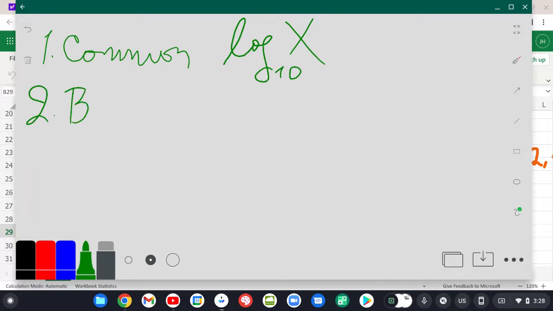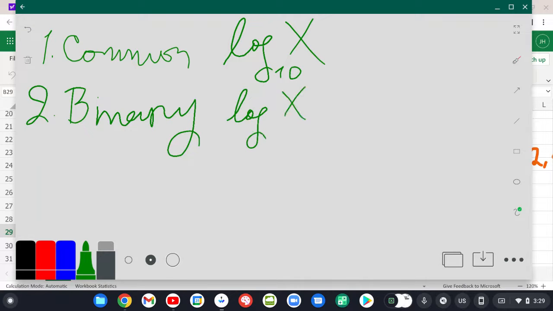The second one is called the binary log. Binary is 2, so it's the log of any number to base 2. And the binary system is quite useful. The binary system is the basis of computer science, basically 0 and 1.